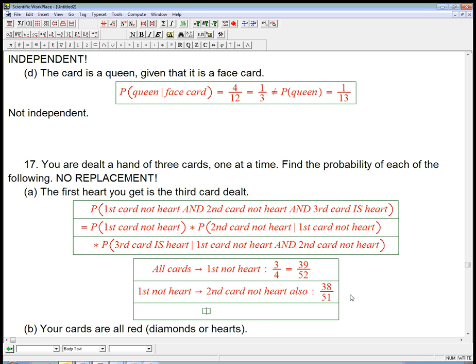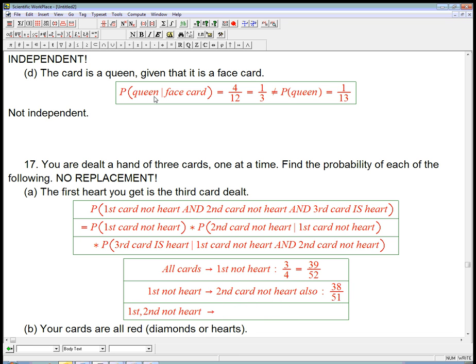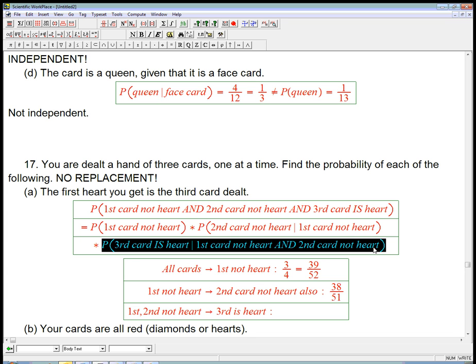Now, what's the last one? Now we go from the first and second not being hearts to the third being a heart. That's this conditional probability.